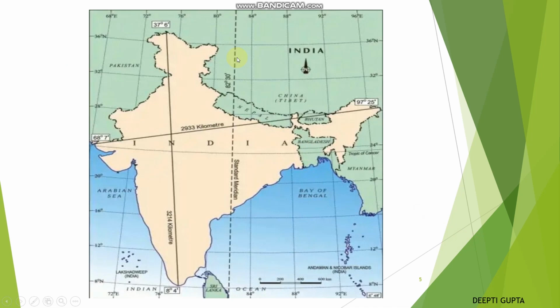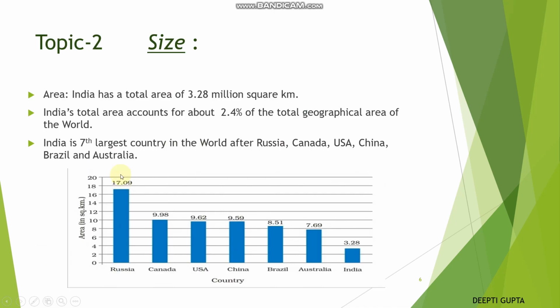Here you can see the latitudes and longitudes: 37 degrees 6 minutes, 8 degrees 4 minutes, 97 degrees 25 minutes, and here it is 68 degrees 7 minutes. And this line here is known as the Tropic of Cancer. It divides India into almost two equal parts, right?